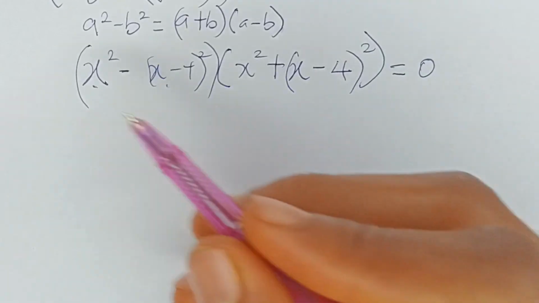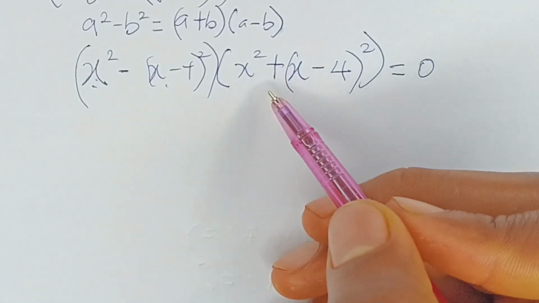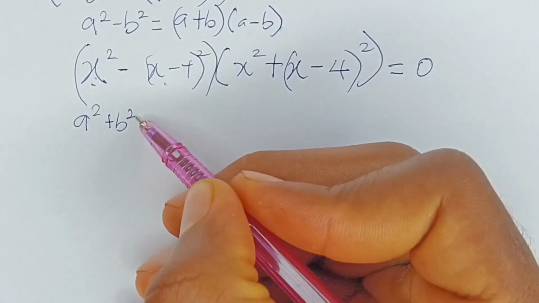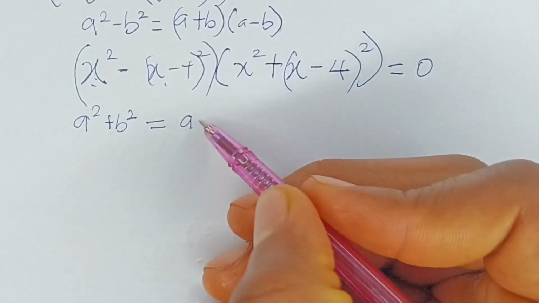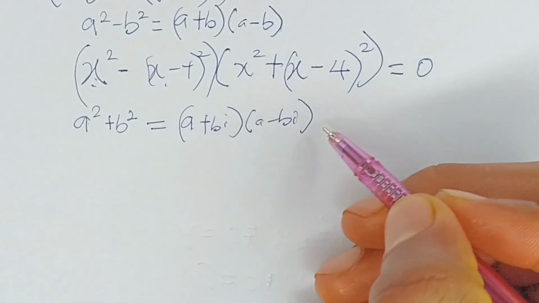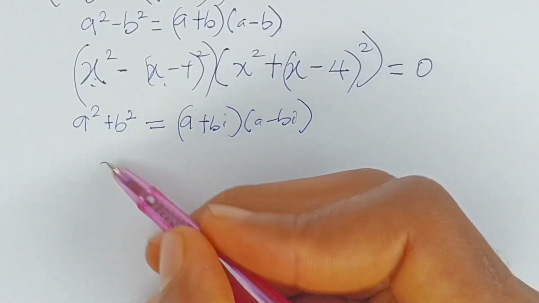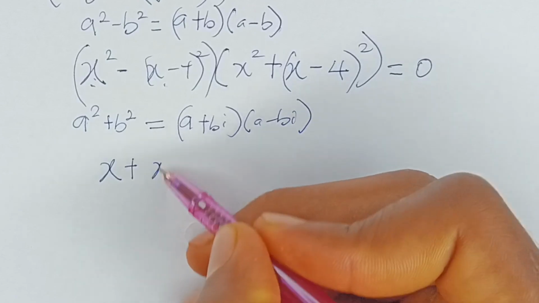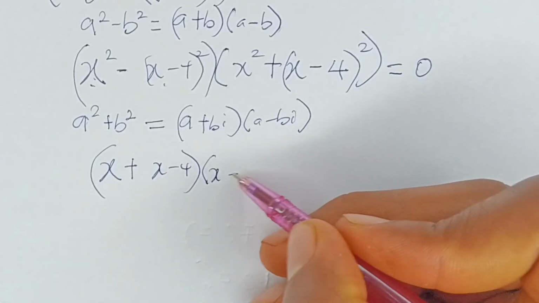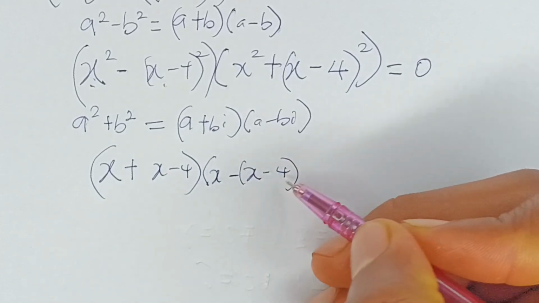Moving on, this first factor is also a difference of two squares, but this other one is a sum of two squares. And what does the sum of two squares state? If we have something like a^2 + b^2, it becomes equal to (a + bi) multiplied by (a − bi), okay. Hence here we're going to do x^2 minus (x − 4)^2 is equal to (x + (x − 4)) multiplied by (x − (x − 4)), okay.